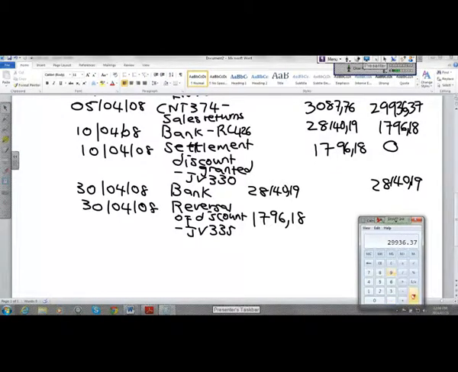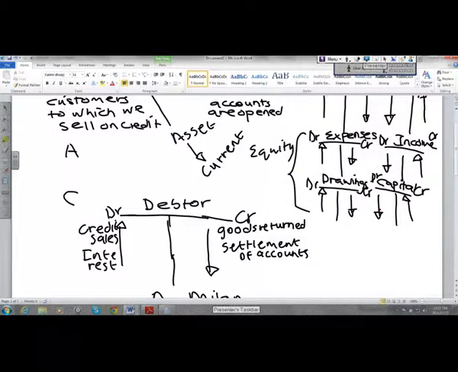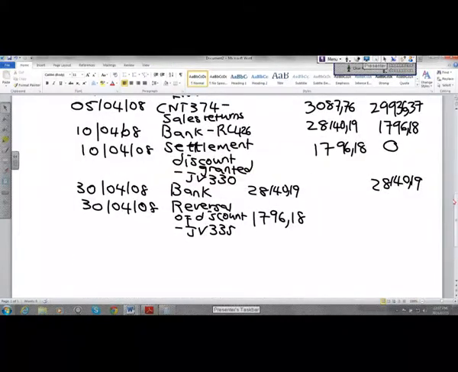We're going to have this balance here: 29,936.37. That's exactly how the statement of A Milan will look for the month.